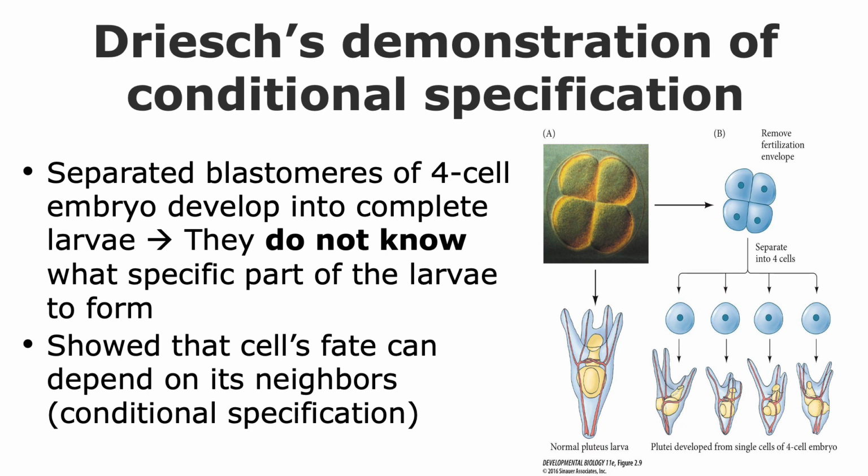And so the way that he could explain this finding was that a cell's fate can actually depend on its neighbors. That was the only way that intact larvae could be made from each single cell of the embryo. It should be noted that the larvae did have some differences, but the differences were quite subtle.